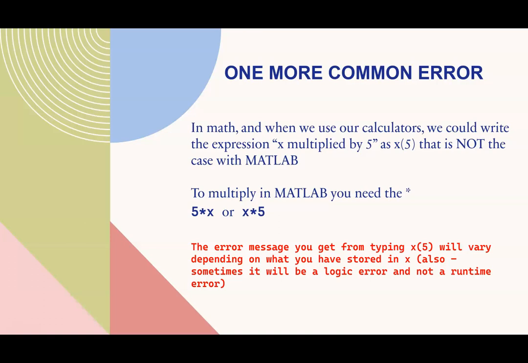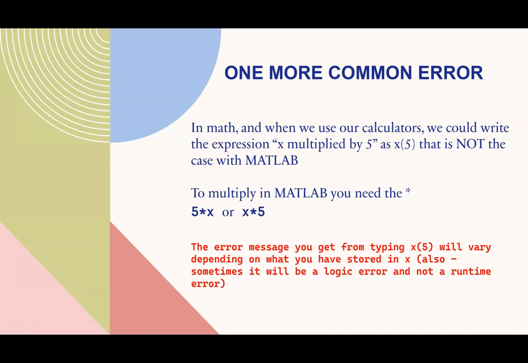One more common error is in math. When we're using our calculators, our TI-83s or TI-84s, we can write x multiplied by 5 as just x parentheses 5. So when we're writing out our math homework, that's how we can write x multiplied by 5. That is not the case with MATLAB.